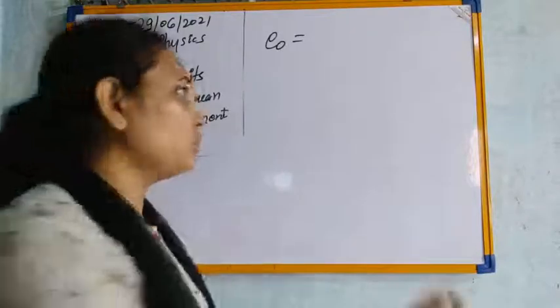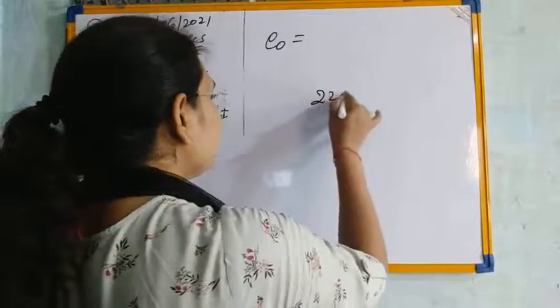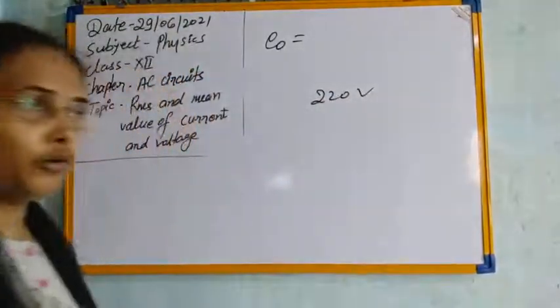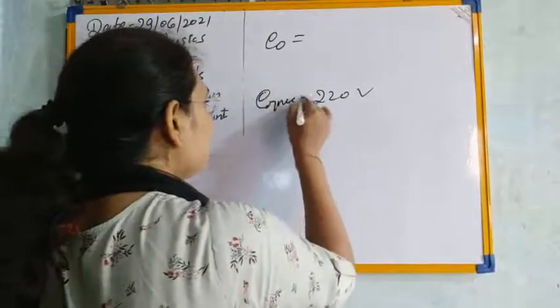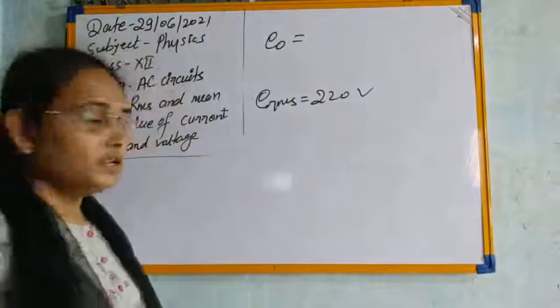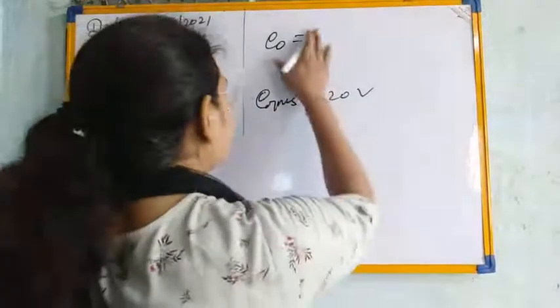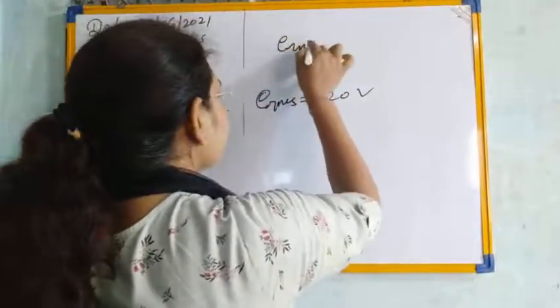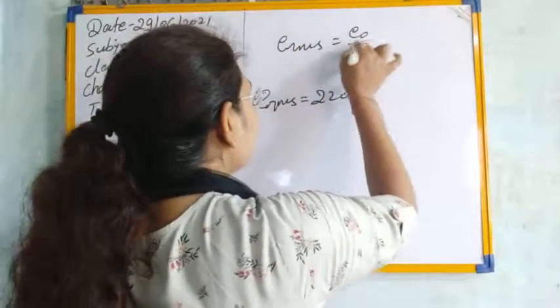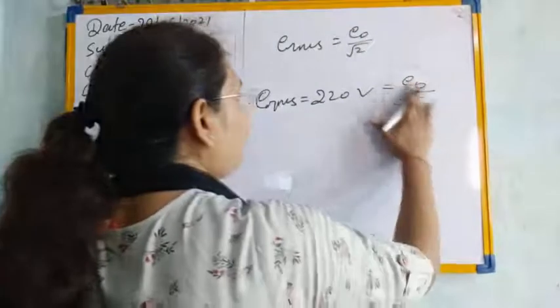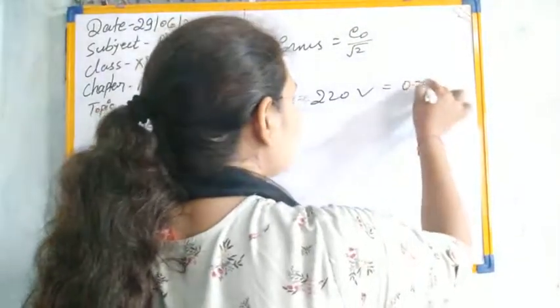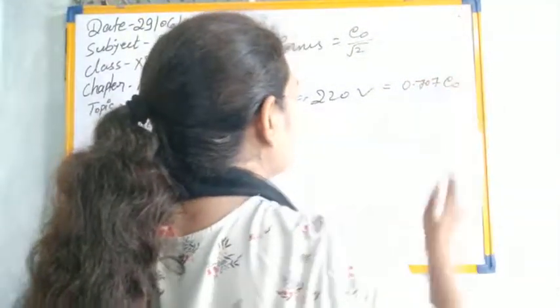So here, as you know, the home supply that is coming is 220 volt, and this 220 volt is the RMS value of the alternating voltage. So as we know, E RMS is given by E0 upon root 2. Just now we have written it: E0 upon root 2, or also we have calculated it as 0.707 into E0.